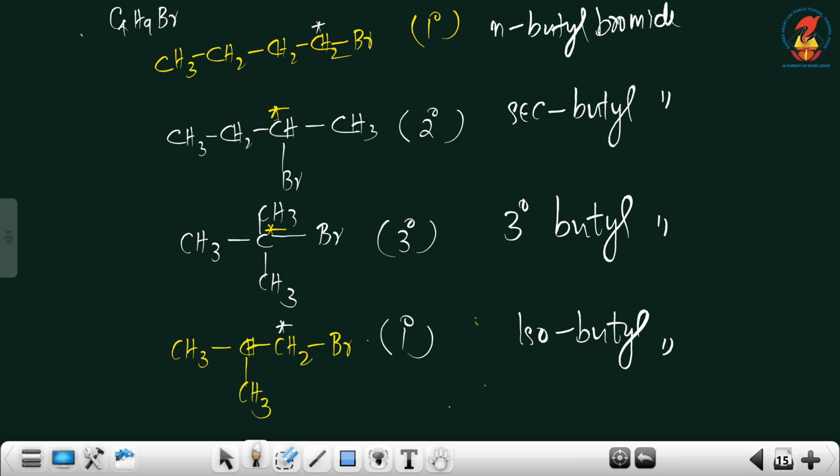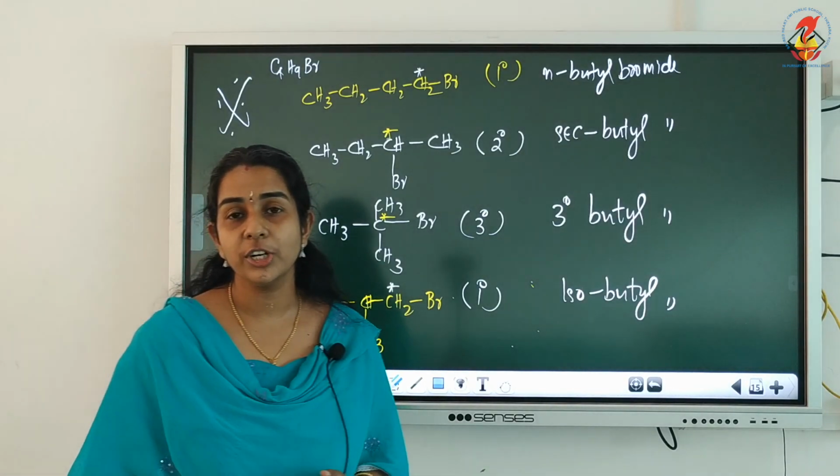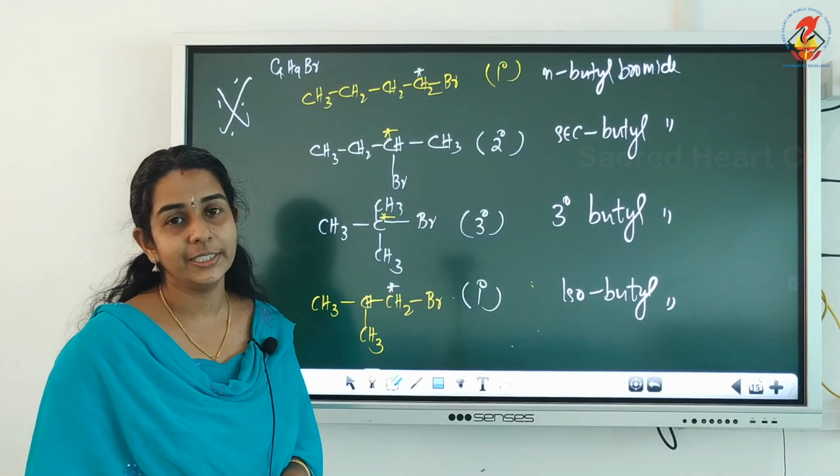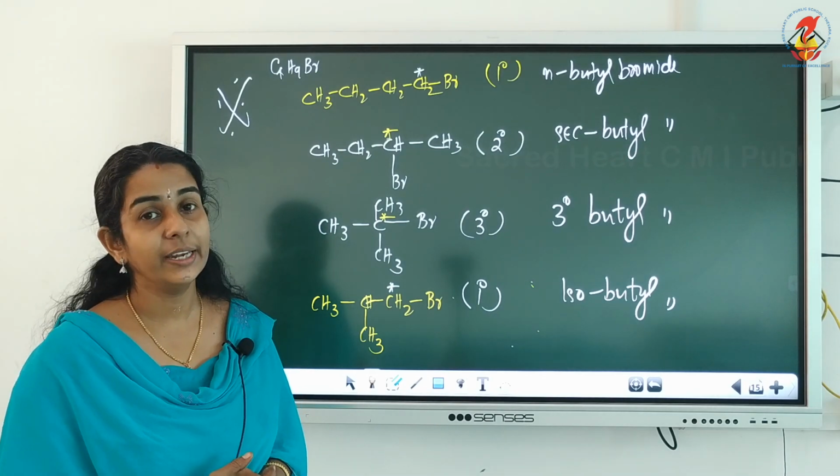So, very important compound C4H9Br. Study all the structural isomers of C4H9Br. So this is about how to draw the structures if a formula is given or if a name is given.